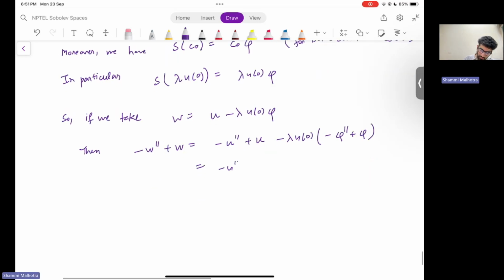This is nothing but minus U double dash plus U minus lambda U0, and that we know is equal to F.